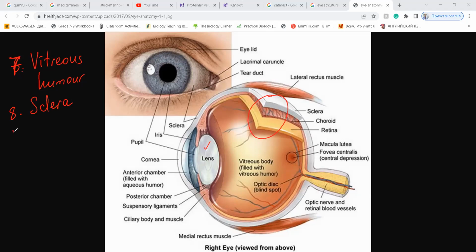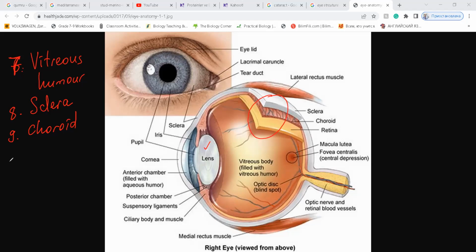Under the sclera, we have the choroid. The choroid is a layer which is rich with blood vessels. You know that blood is important for taking nutrients, such as glucose, because these cells are also working and they need oxygen and glucose for respiration, for energy production. These substances are carried by the blood vessels through the choroid layer.